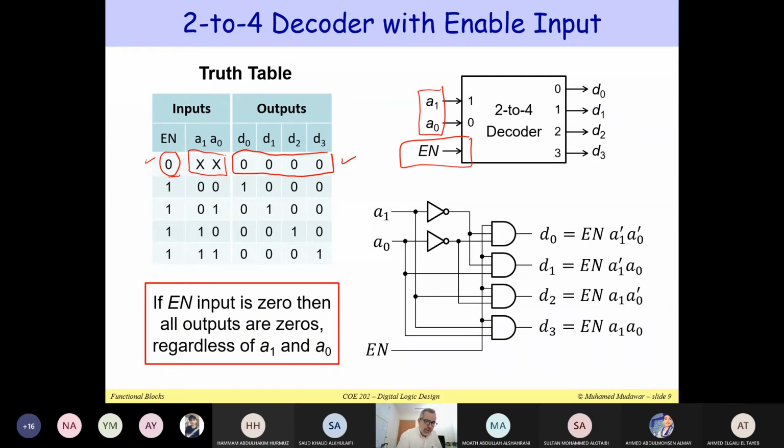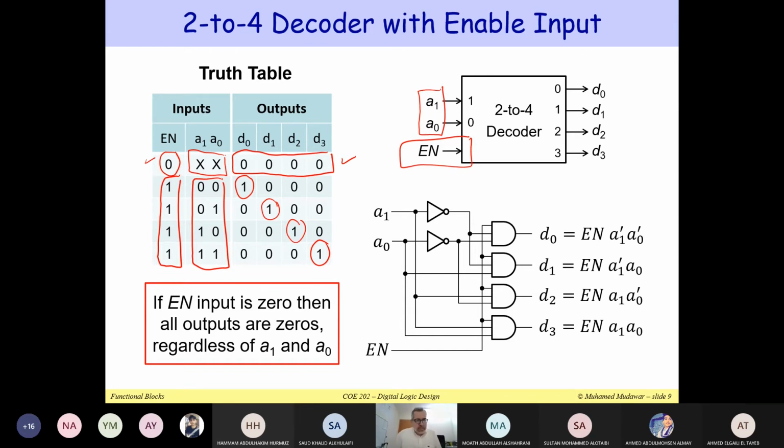If enable is equal to 1, then one of the outputs will be equal to 1 according to the inputs A1 and A0. That will be the typical decoder that we have seen before. But now you can see the importance of enable, because we can disable the decoder and have all the outputs be zeros.